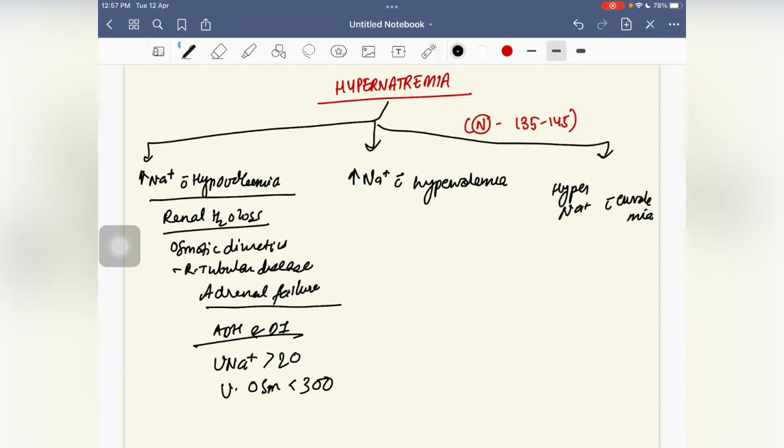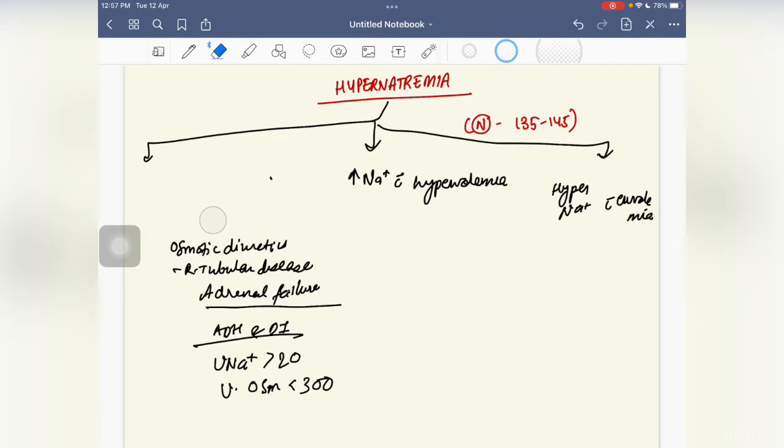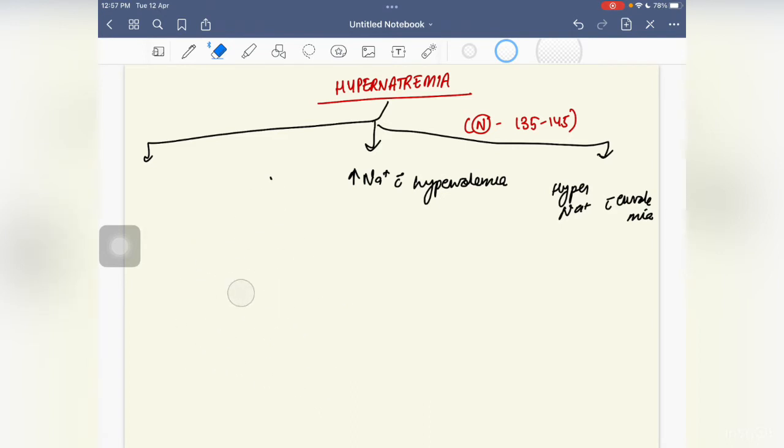Now let's talk about extrarenal, or non-renal, water loss causing hypernatremia with hypovolemia.